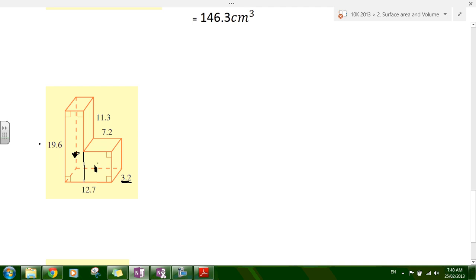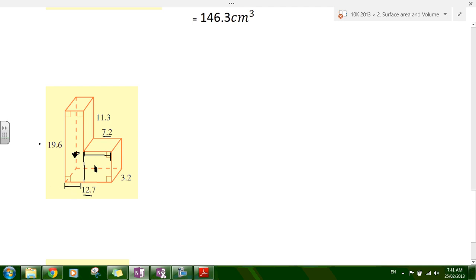So if I have a look at this figure, this distance here is going to be 12.7 minus 7.2, because 7.2 goes from here to here, and 12.7 goes all the way across, so that must be the distance that's left.